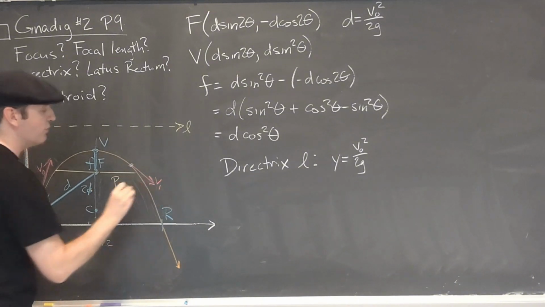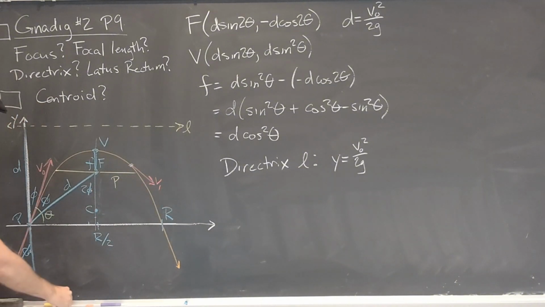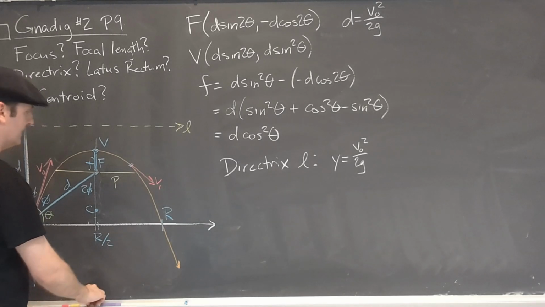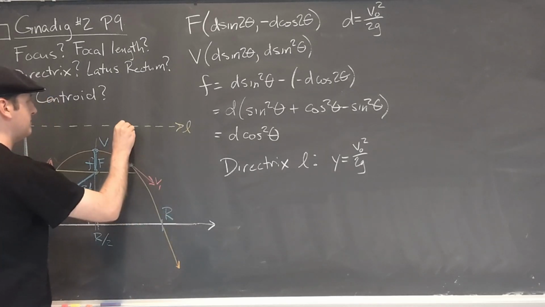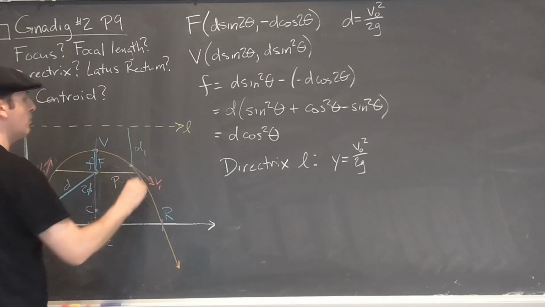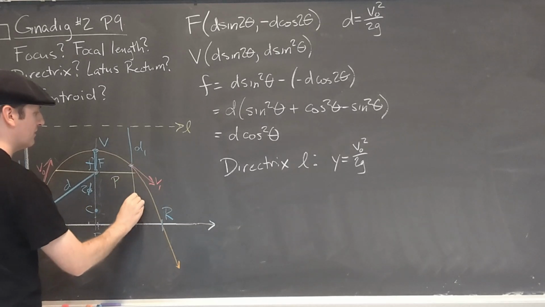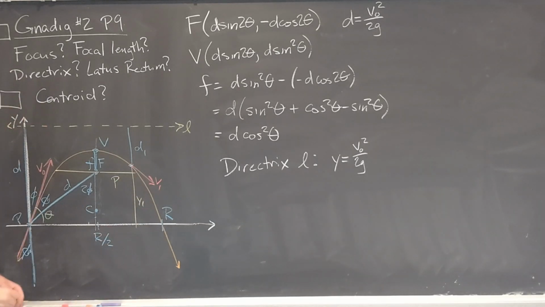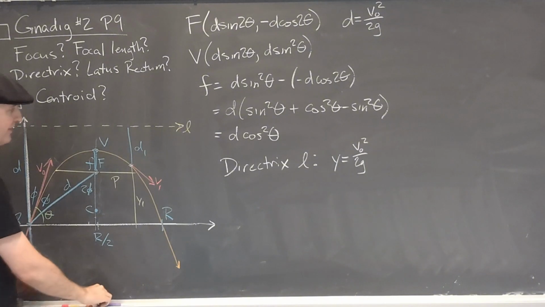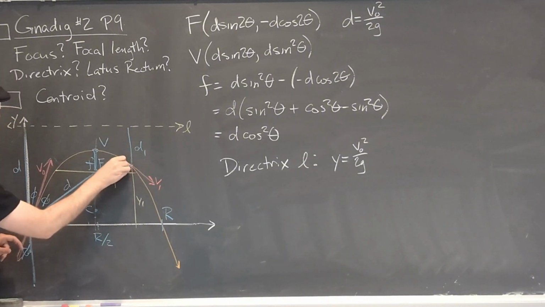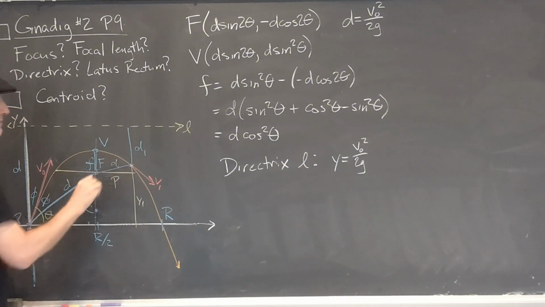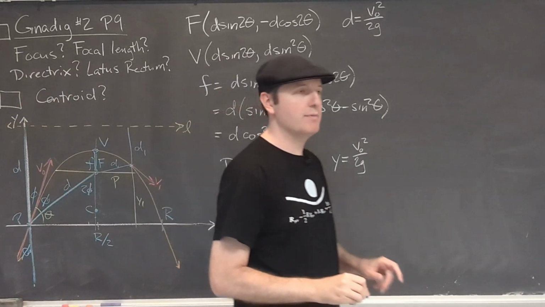Maybe I'll call this v1 or something like that. There will also be some distance, maybe I'll call it d1. And there will be some height. I'll call this y1. But notice, again, that this distance and this distance must be the same by this property of parabolas.